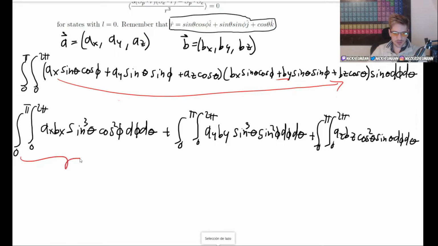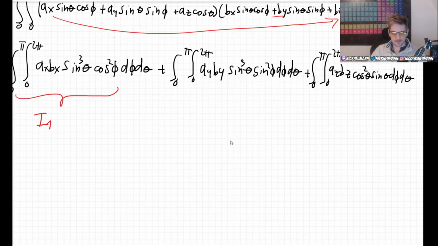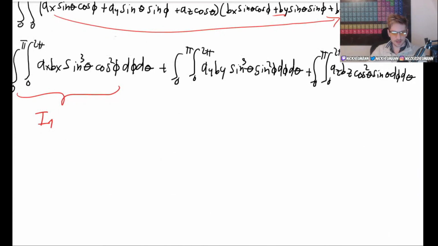So maybe let's call it I1. And let's see. So I1, this will be the theta part, we go from 0 to pi, and we will have sine cubed of theta and nothing else, so d theta.